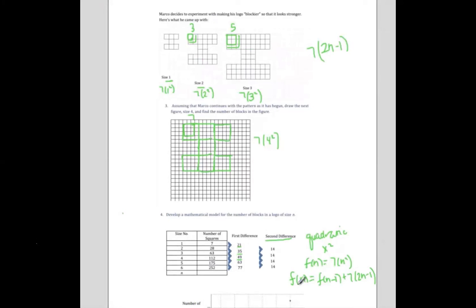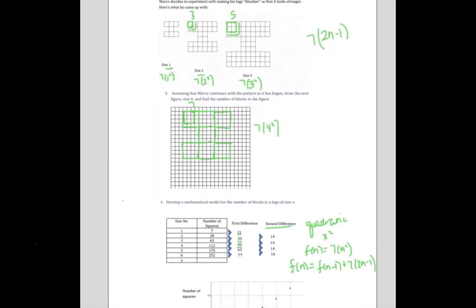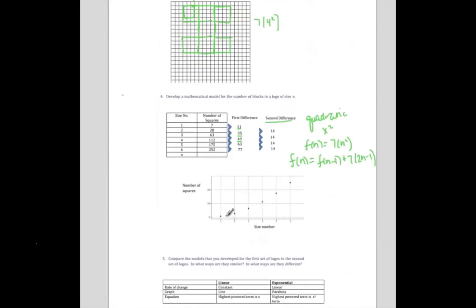Okay, so that's how I came up with my recursive formula. Now you also could have used this graph. This graph, if you kept going out, makes a nice parabola shape. A parabola is a quadratic, okay? So that graph could help you figure out the pattern, as the shape of the graph lets you know it's quadratic.